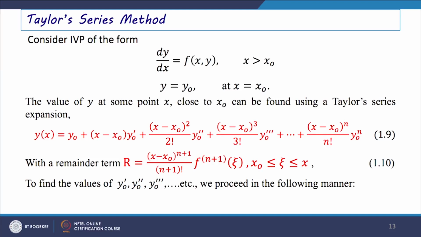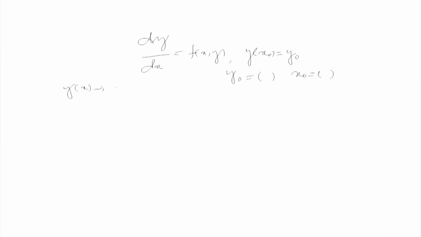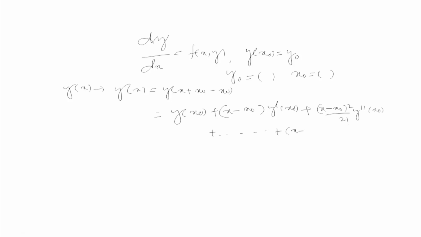So if we take the Taylor series of y(x) at x equals x0, then we can write y(x) as y(x0 plus x minus x0), and it can be expanded as y(x0) plus (x minus x0) y dash of x0 plus (x minus x0) whole square by factorial 2 y double dash of x0, and likewise it continues up to (x minus x0) to the power n divided by n factorial y to the power n of x0.